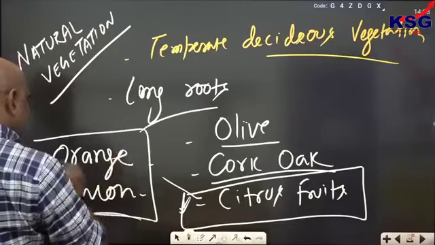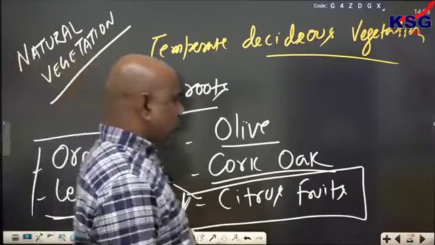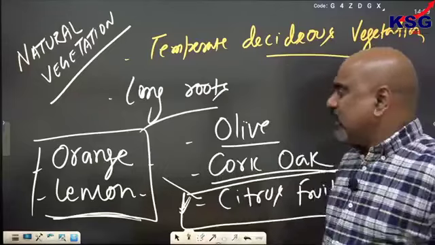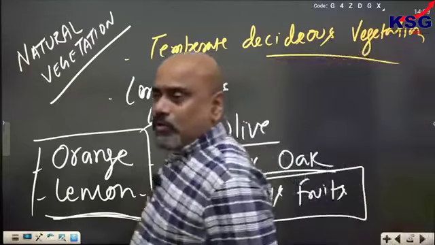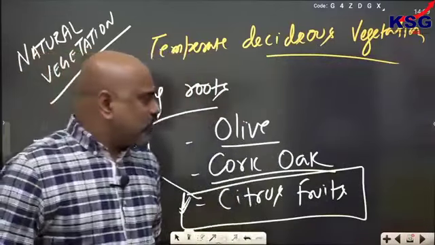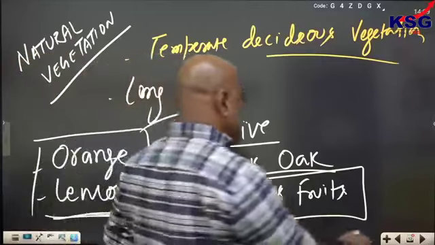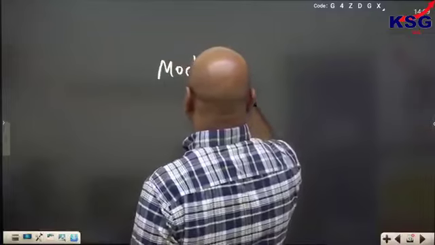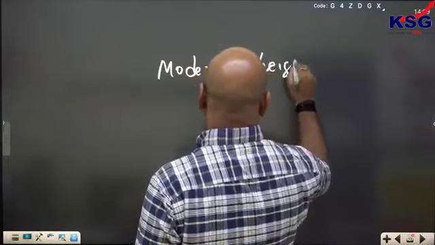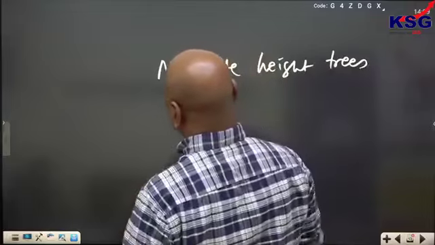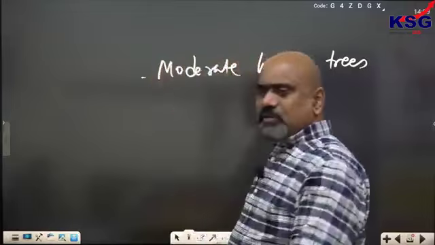Cork oak, citrus fruits, orange, lemon, etc. The height of the trees is moderate. Okay, you have this type of vegetation.